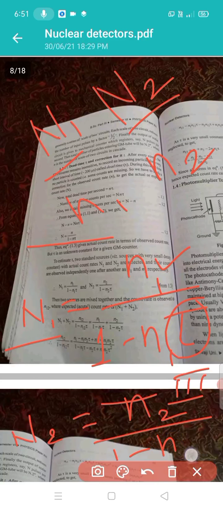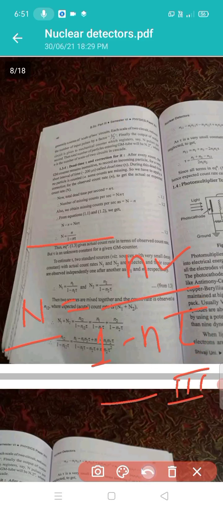Like that we can get the actual count rate for N2, which is n2 divided by 1 minus n2 tau. These are the equations for the actual count rates for N1 and N2.